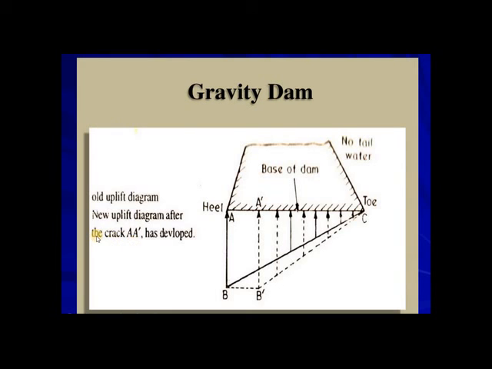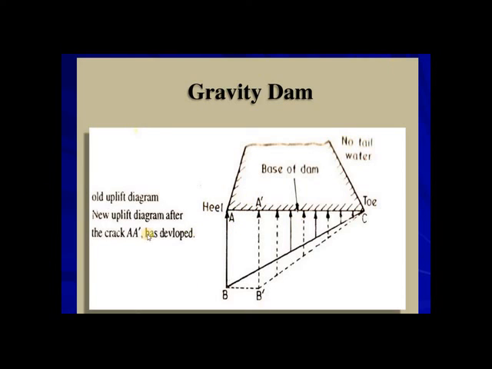So you can see here the old uplift diagram and the new uplift diagram after the crack AA dash has developed. So for the new uplift diagram AA dash, you can see here that the original old uplift is here.